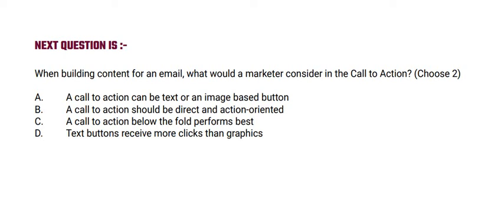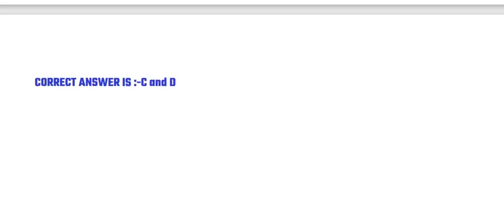Option B, a call to action should be direct and action oriented. Option C, a call to action below the fold performs best. And option D, text buttons receive more clicks than graphics. The correct option is option C and D.